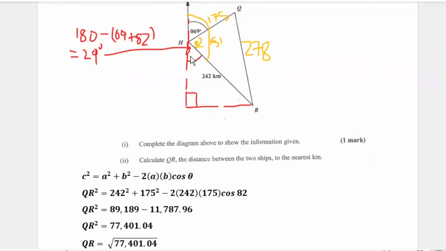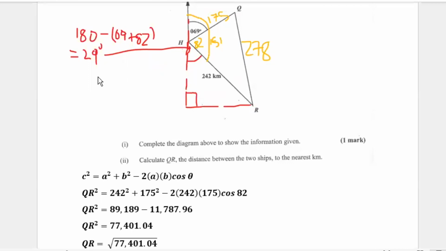Cos 29 is equal to the adjacent over the hypotenuse. So how far due south? We're trying to find the length of this adjacent. This is the south line. So how far due south is R from the harbor? So this is what we're trying to find here.